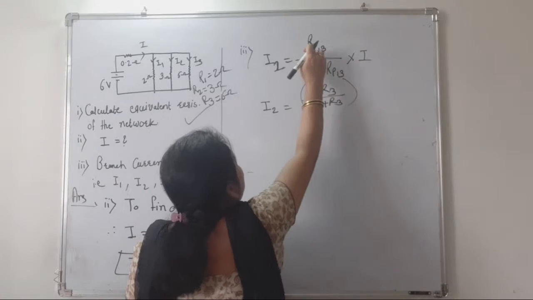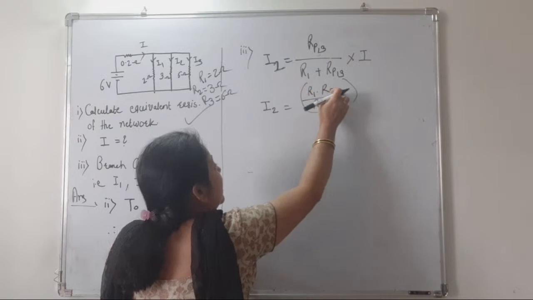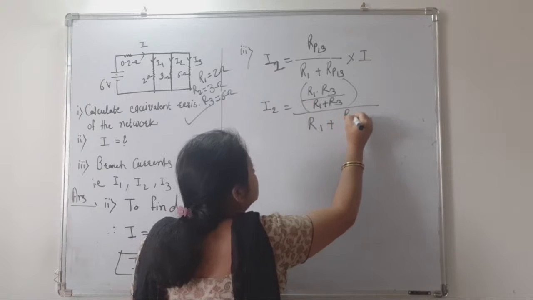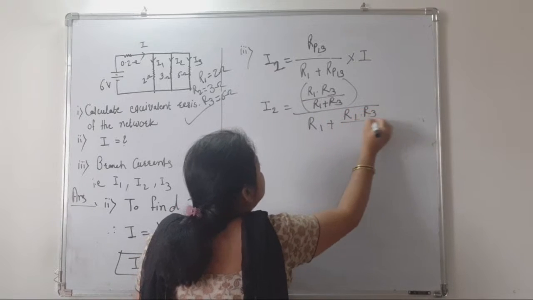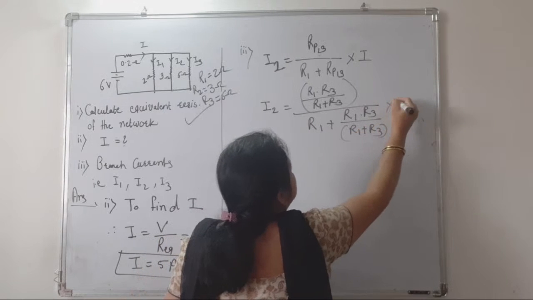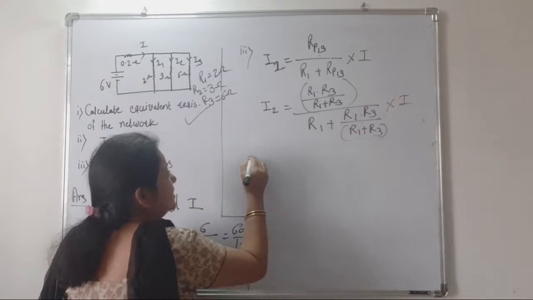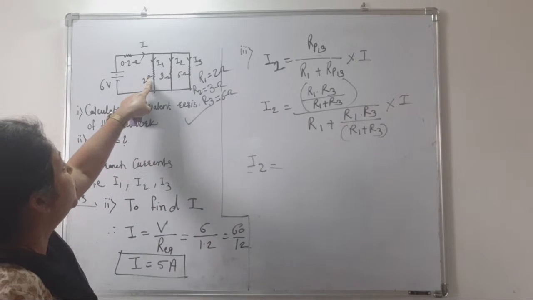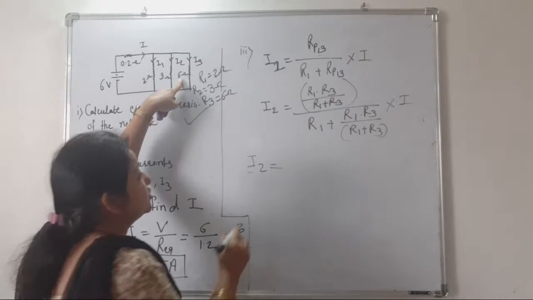That is the value of RP13. R1 into R3 upon R1 plus R3. Therefore R1 plus R1 into R3 upon R1 plus R3 and multiply by I as it is. Therefore I2 is equal to, what is the value of R1? 2 ohm, and this one is 6 ohm.